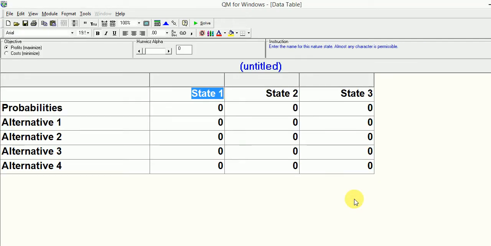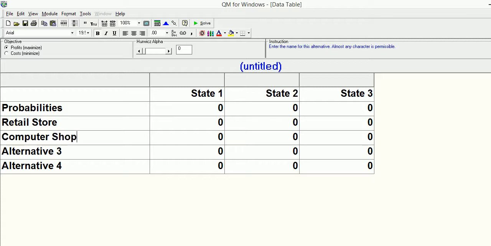So for example, let's have this decision analysis that makes us decide on which business to set up after college. For example, alternative one will be starting a retail store. The second alternative will be setting up a computer shop.